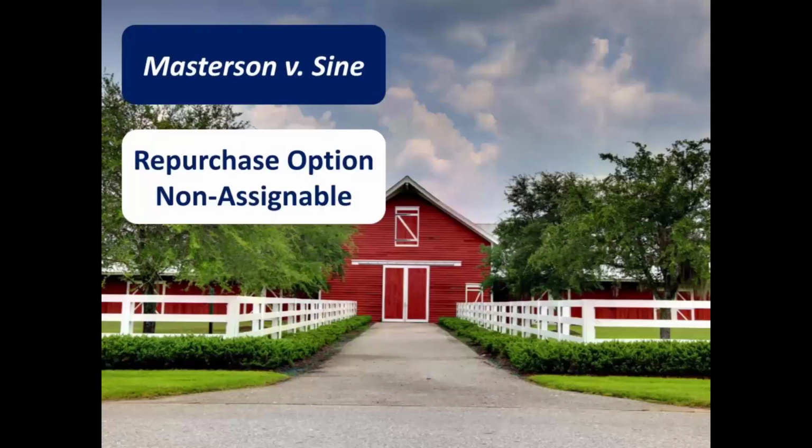Now consider Masterson against Sign. The court relies on parol evidence to enforce an alleged oral agreement that the repurchase right could only be exercised by Masterson himself. That's to say that, contrary to the usual default rule of assignability, the repurchase option here was non-assignable.